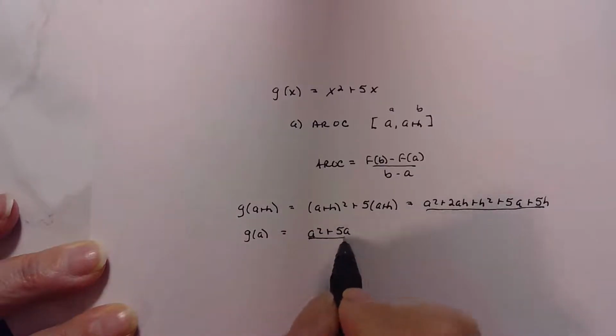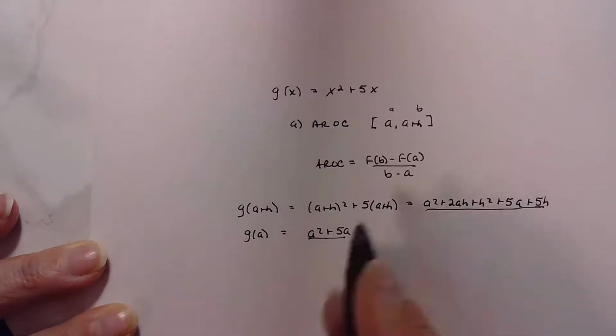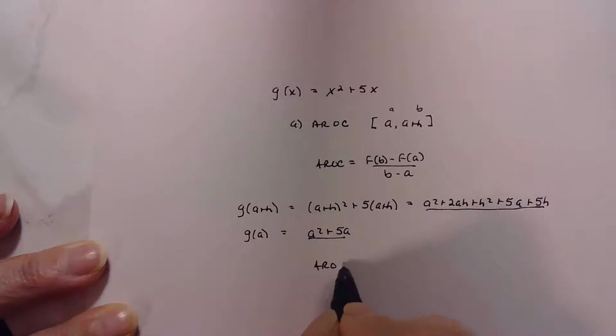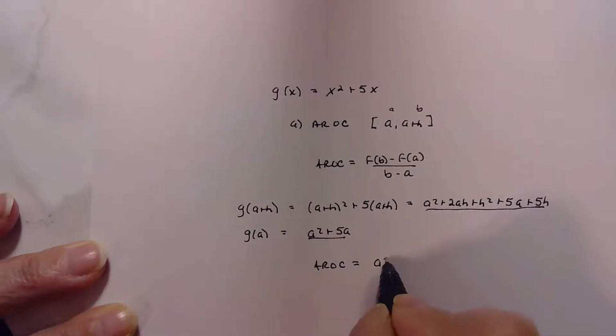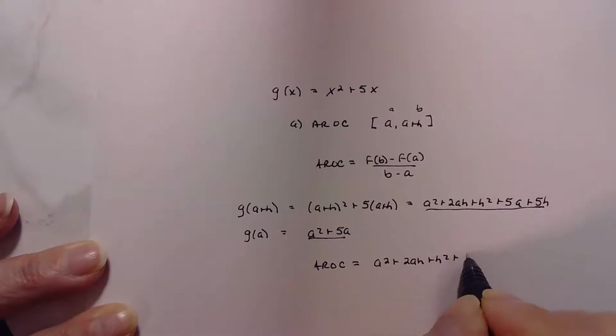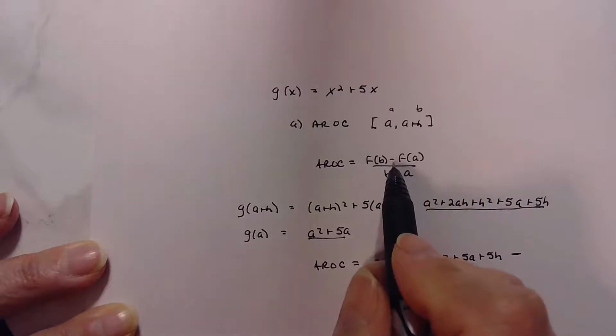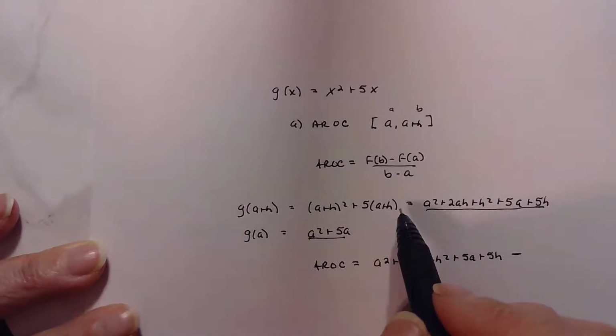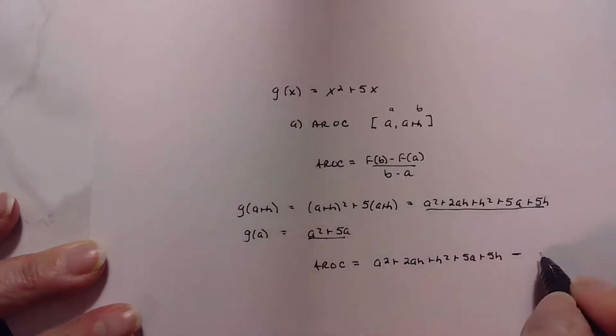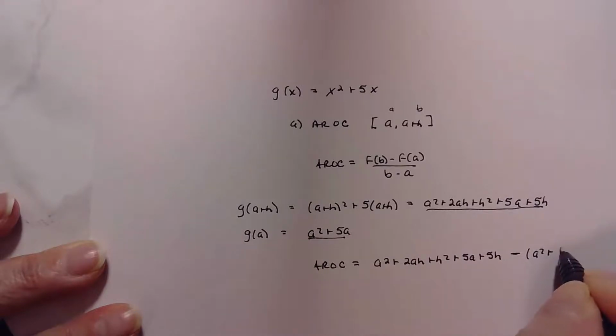So we're going to take these two and fill in the pieces, right? So the average rate of change is equal to a squared plus 2ah plus h squared plus 5a plus 5h minus, from the formula, g of a, which is a squared plus 5a.